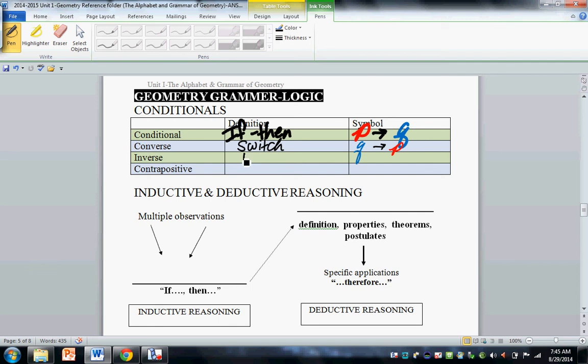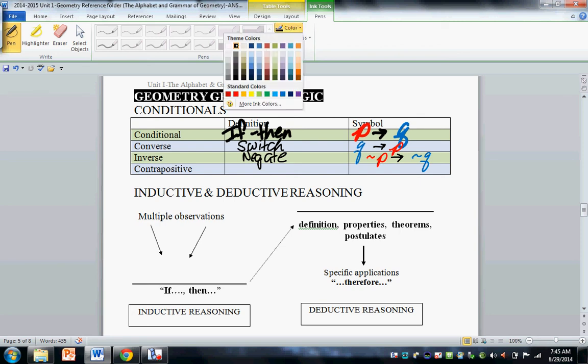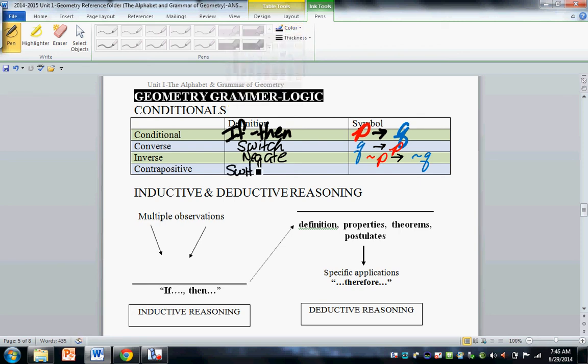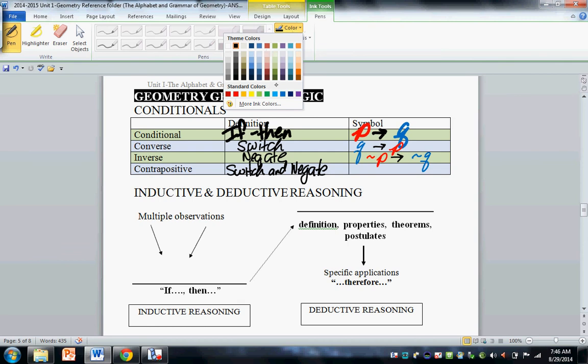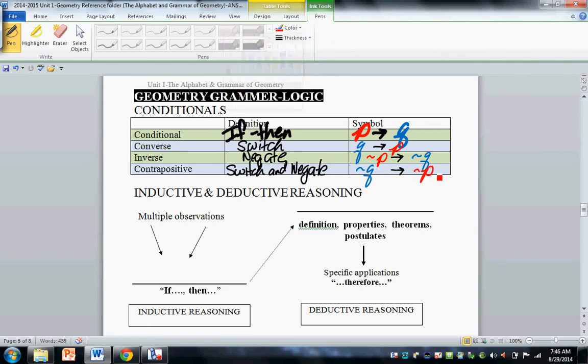If Q, then P. Inverse, you keep the order, but you flip it or negate, so it's if opposite of P, then opposite of Q. And the longest one, contrapositive, you switch and negate.